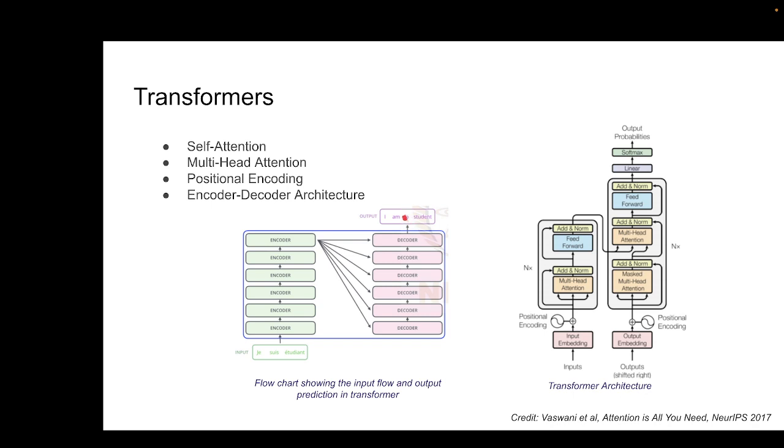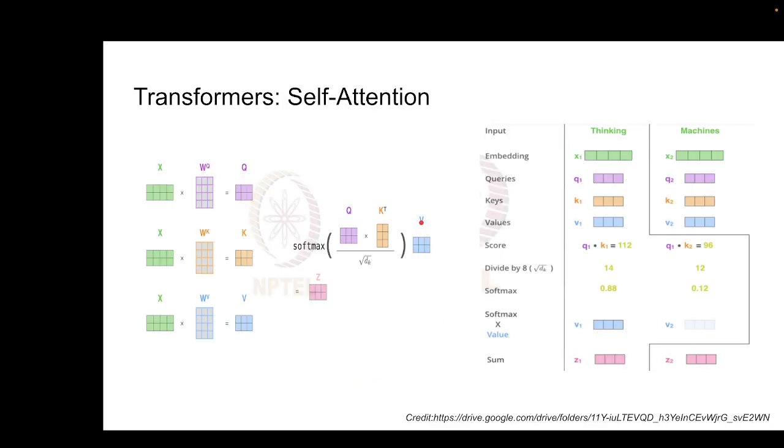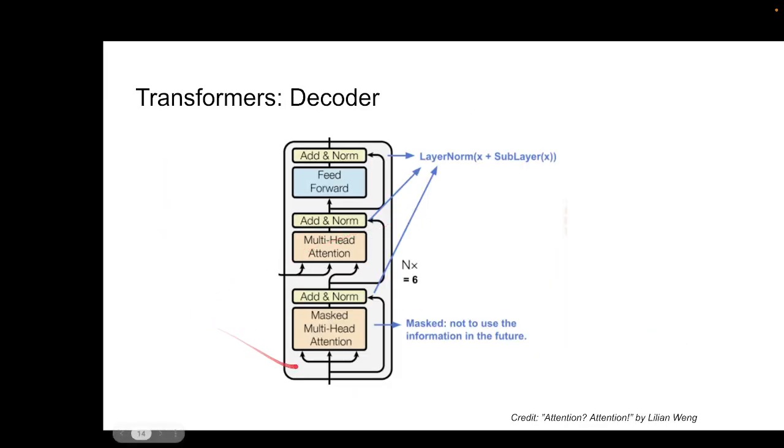When I am at the time step corresponding to this word A, I look at all the context around me, summarize it, and add it to my representation. That is what self attention is all about. But when I am doing self attention in a decoder, this word is not supposed to be there. Hence I will not take this or any other word on the right side into consideration when looking at the context. That is what is meant by masked self attention or masked multi head attention.